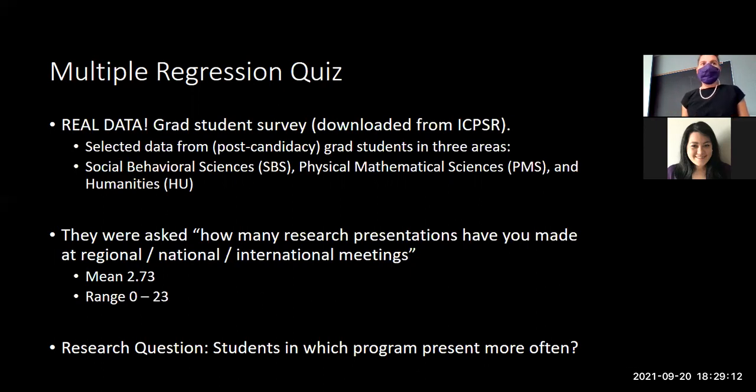And they were asked, how many research presentations have you made at regional, national, and international meetings? It's a sum, a total. So I have a mean of 2.7 and I have a range of 0 to 23. And then my research question here is, students in which program present more often?